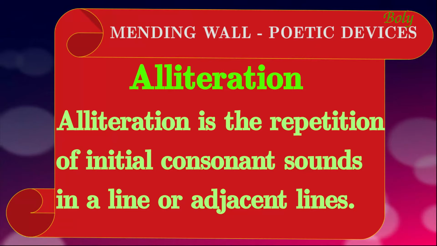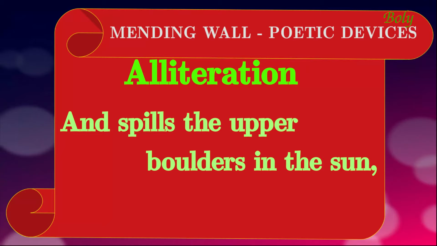I give you some examples from the poem Mending Wall. "And spills the upper boulders in the sun." Spills: S sound is the beginning sound of the word spills, and again in sun, S sound is the beginning sound, and so the beginning sound S is repeated here. The poetic device is alliteration.